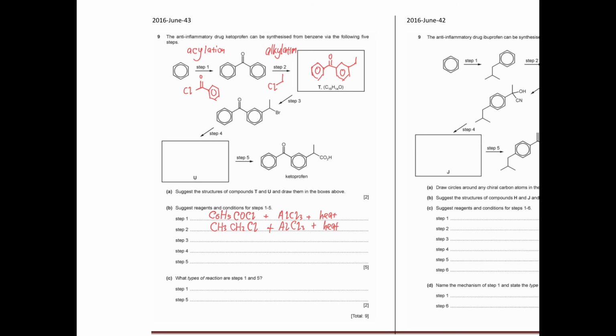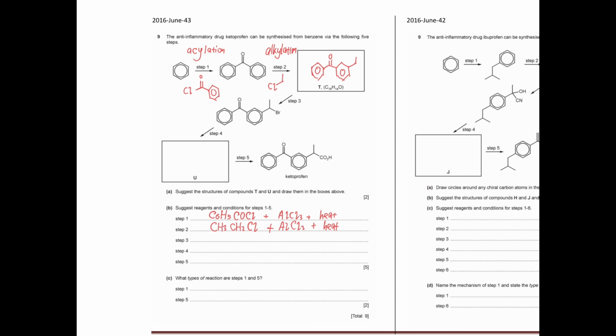Now we have step 3. Imagine this is ethyl. Ethyl has the structure of an alkane, all single bonds. Now you want to put a Br to it, as you can see in the product here, Br is there. So alkane, add Br, that is free radical substitution.